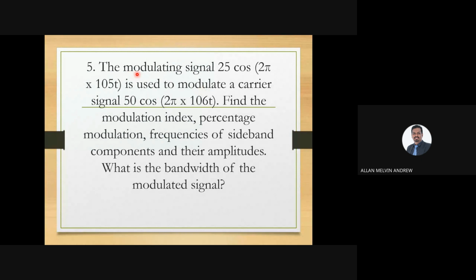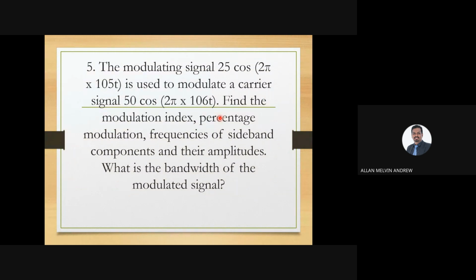A modulated signal is combination of modulating signal with carrier signal, or message signal with carrier signal. So both are the same. Okay, you combine together, it will give you the modulated signal. So make sure you understand the terms.